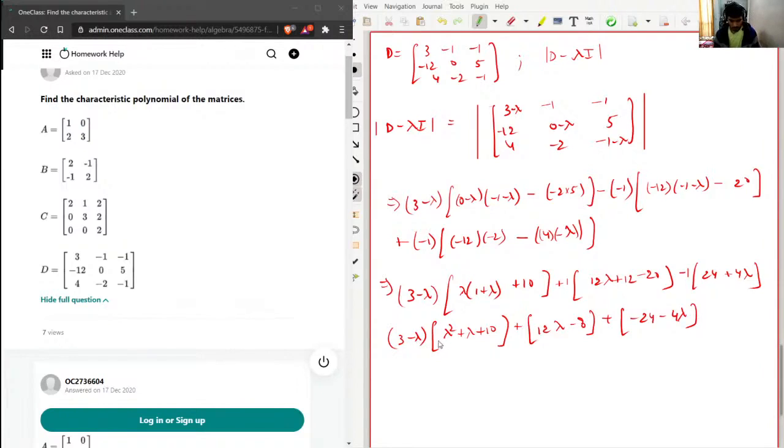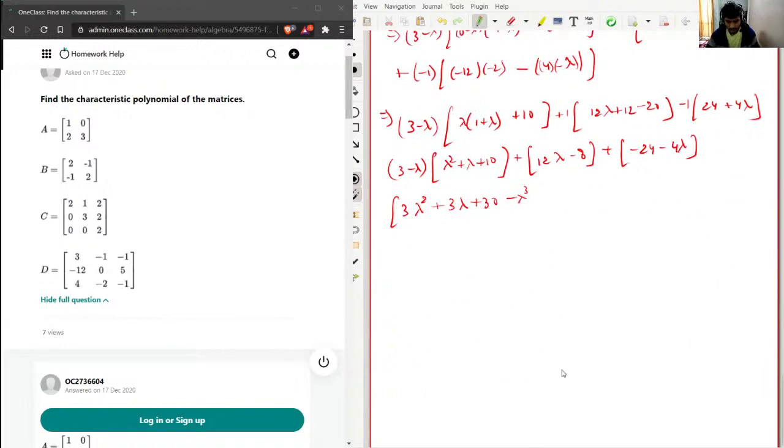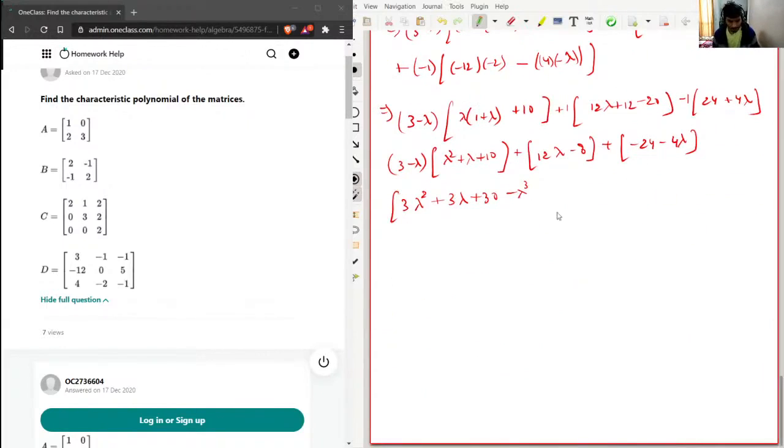Now I'm going to just go for the multiplication, so this will be 3 lambda square plus 3 lambda plus 30, and this will be minus lambda cube, my page is ending, minus lambda cube, then this will be minus lambda square and minus 10 lambda, then again plus 12 lambda minus 8 and then minus 24 minus 4 lambda.